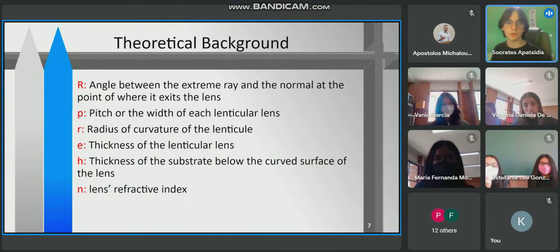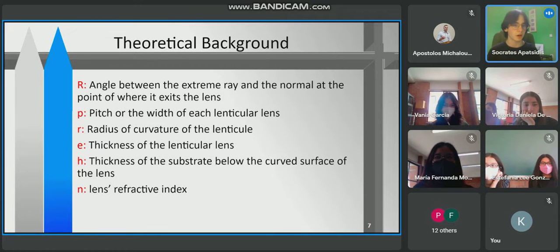Now, let's continue. The main parameters we're going to use are R, firstly, which is the angle between the extreme ray and the normal ray, at the point where it exits the lens. P is the pitch, or the width of its lenticular lens.